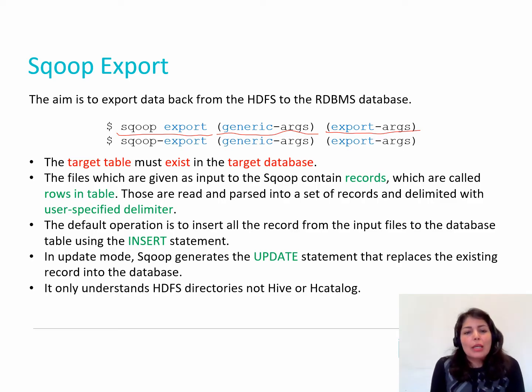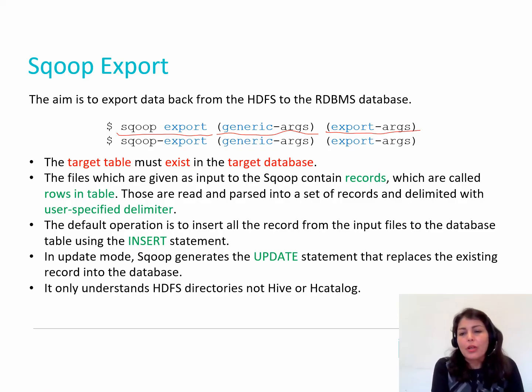The default operation to export data from HDFS to a database table is the insert command. So Sqoop uses an insert statement to add each record in a table as a row.